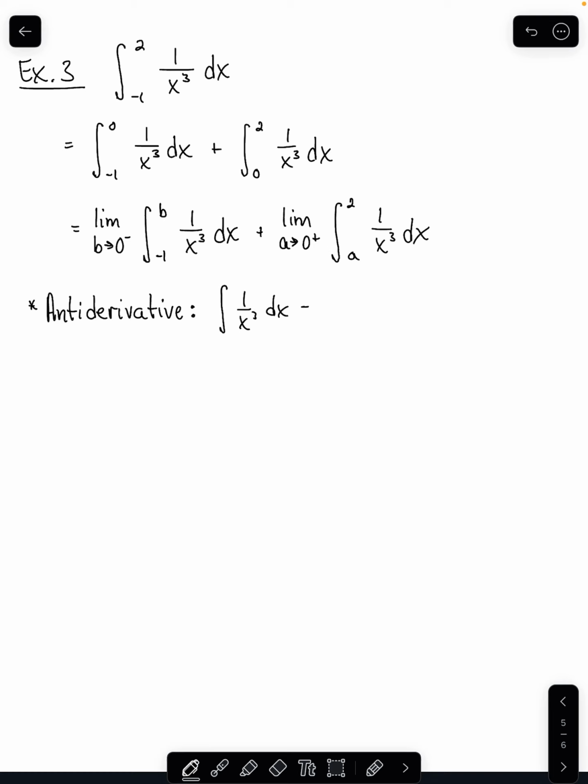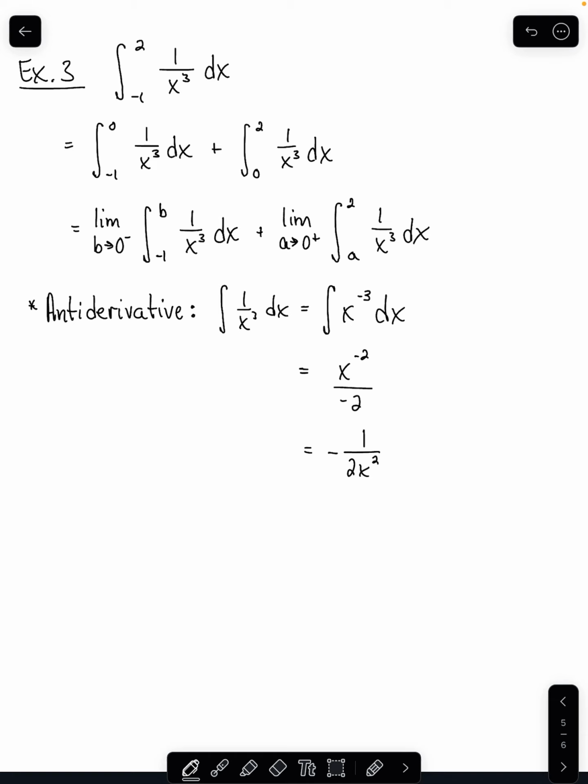We start by writing 1 over x cubed as x to the -3, enabling us to use the power rule, which gives us x to the -2 over -2, which is -1 over 2x squared.